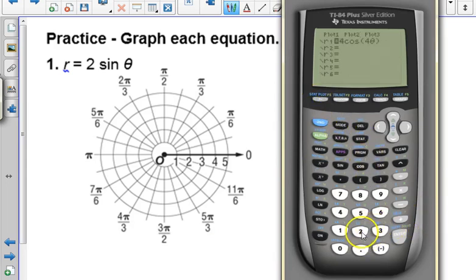All right. Let's do number 1. So go back and put in 2 sine theta. What is 2 sine theta? Do a zoom square if yours is an oval. It should be a circle whose diameter is 2, right? Now, what do you notice about the symmetry of this? Did you do zoom square?